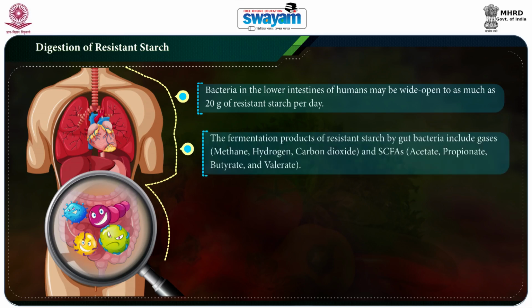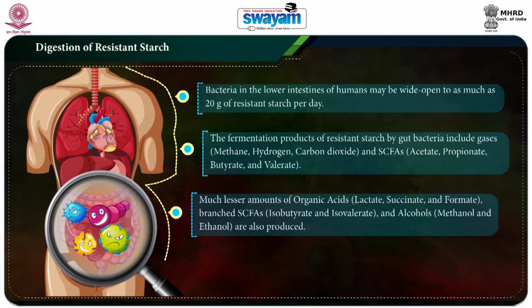The fermentation products of resistant starch by gut bacteria include gases like methane, hydrogen, carbon dioxide, and short-chain fatty acids, which are mostly acetate, propionate, and butyrate. Much lesser amounts of organic acids, branched short-chain fatty acids, and alcohols are also produced.